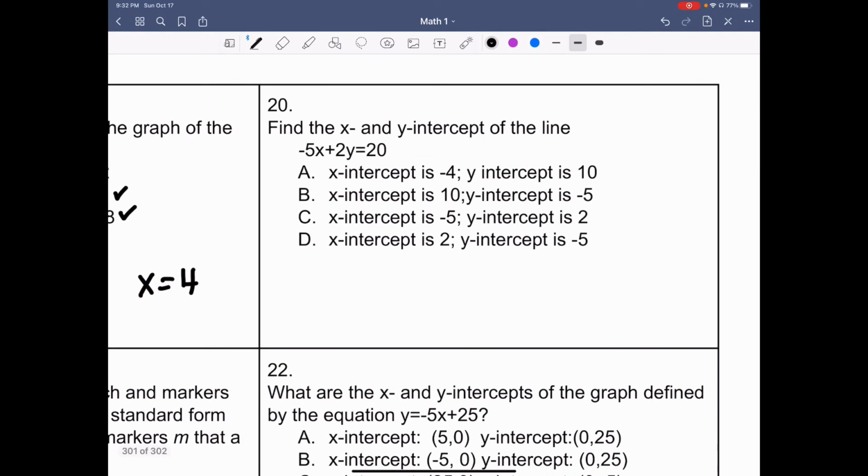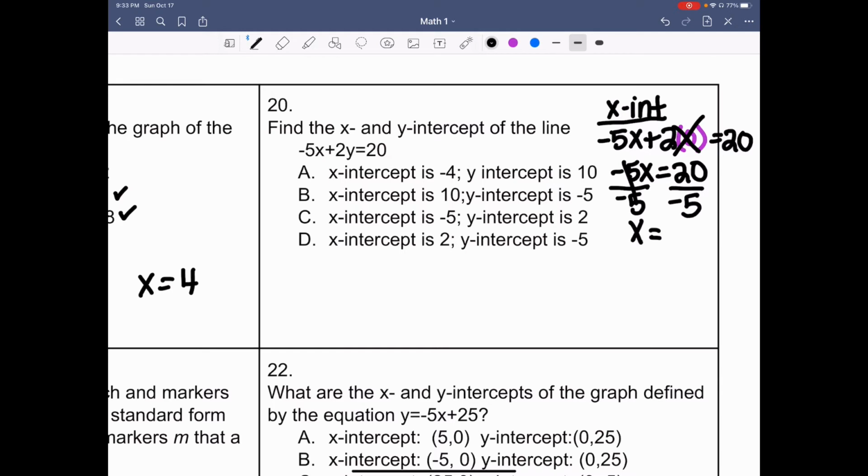Number 20, find the x and y-intercept. So we're going to find the x-intercept by plugging in 0 for y. So we have negative 5x plus 2 times 0 that's going to equal 20. We're going to get rid of the 2 times 0, so negative 5x equals 20. And we're going to divide by negative 5.